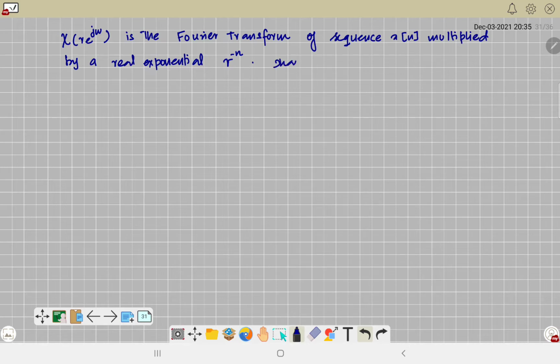So mathematically we can say X of r e raised power j omega is actually the discrete time Fourier transform of this sequence.